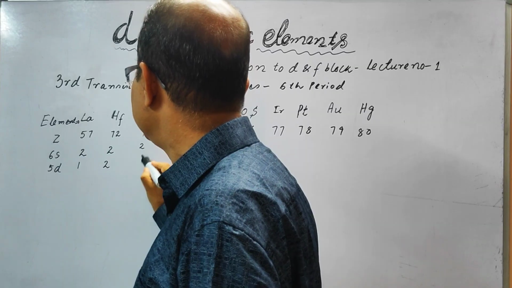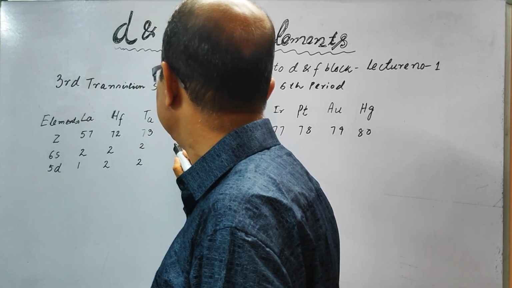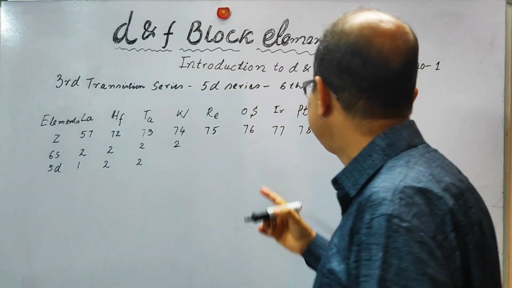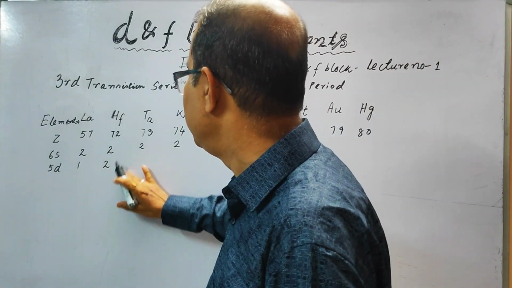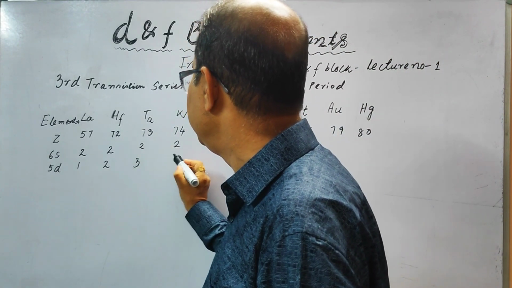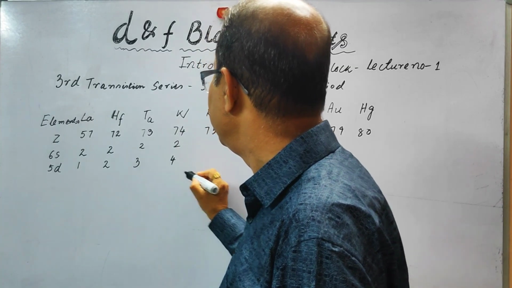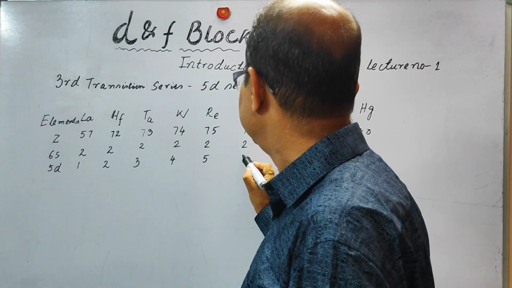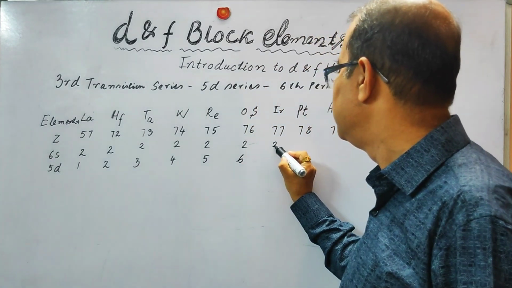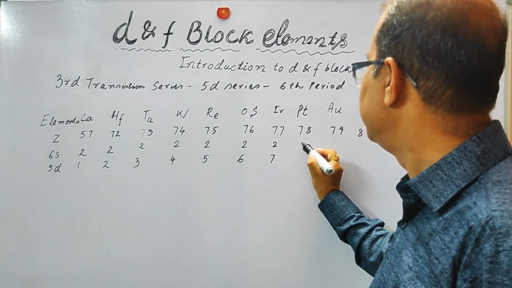Here we will see there is not much exception except in the platinum and gold, that we will observe. 2, there is 3, 4, 5, 6, 7.